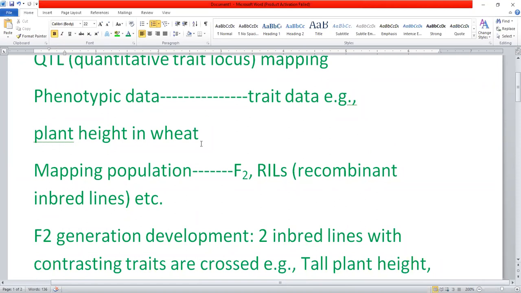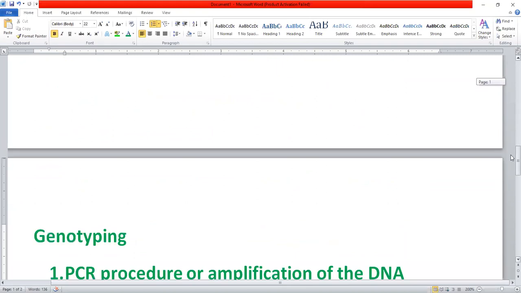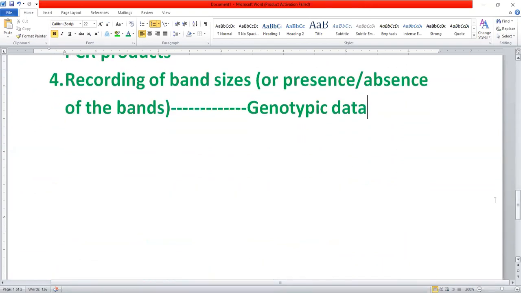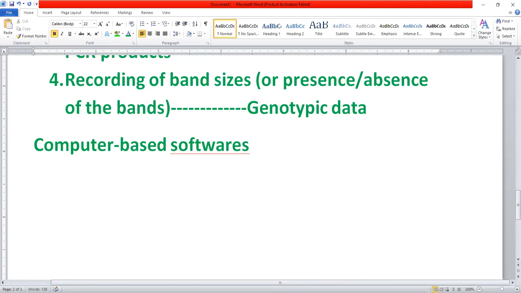The softwares which are used for the different purposes in QTL mapping are computer-based softwares for analysis, for molecular analysis.